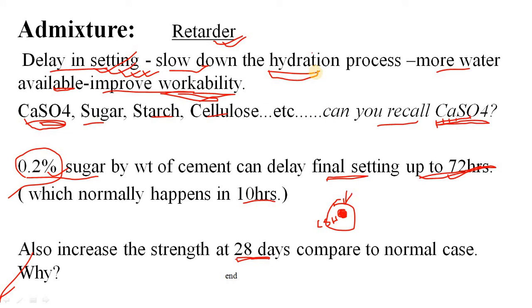But if your hydration process is slowed down or setting is delayed, what happens? This CSH gel, also known as tobermorite gel, cannot harden due to the retarder, and water slowly penetrates up to this point, and again hydrates the cement particle and makes more CSH gel. More CSH gel or tobermorite gel means more strength. That's why after addition of a retarder, your strength at a specified time also increases. Okay, this is the chemistry.